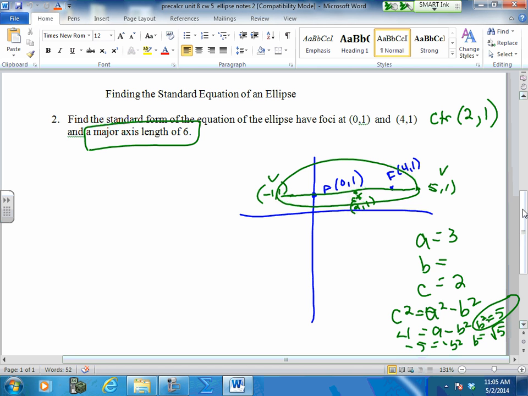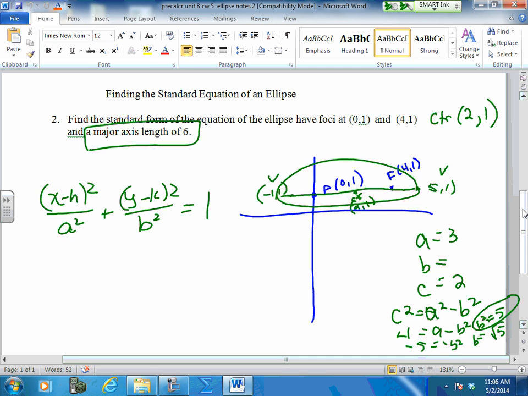But we don't have to worry about graphing that unless you want to. You can graph it and come down to your co-vertices. But we know your major axis is your x. So (x minus h) squared over a squared, plus (y minus k) squared over b squared, equals 1.